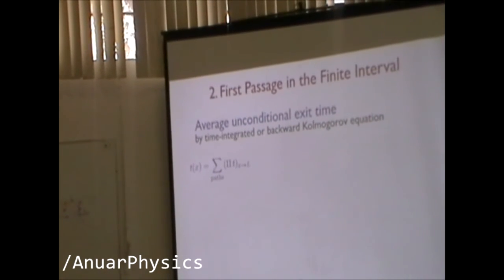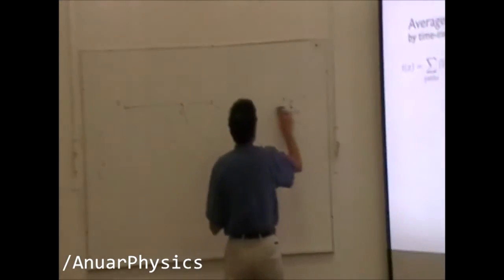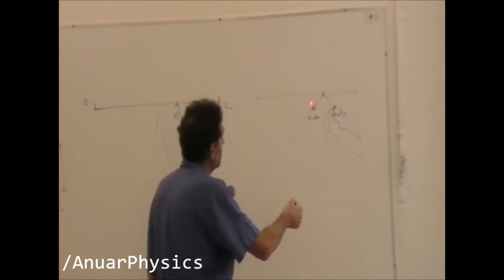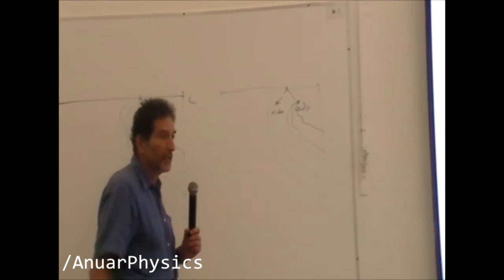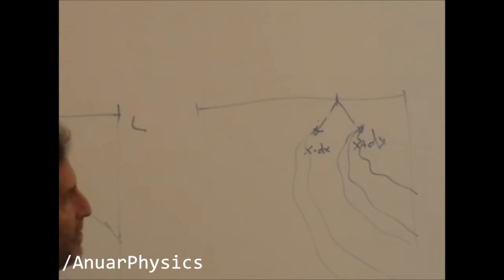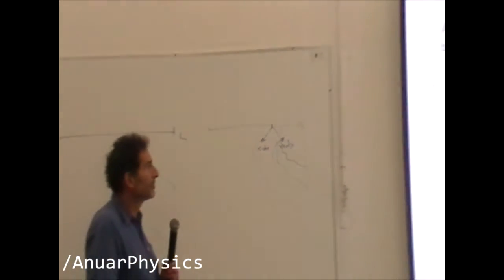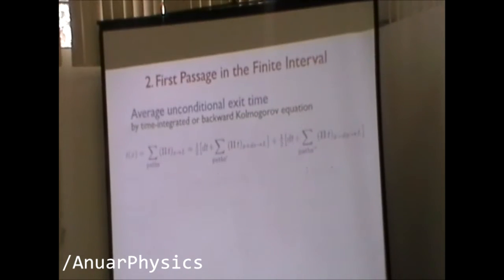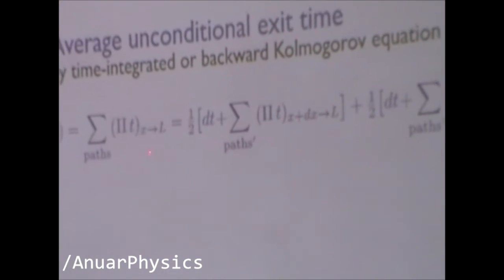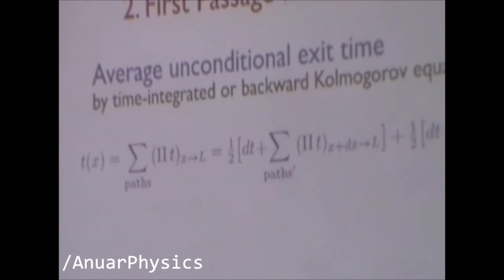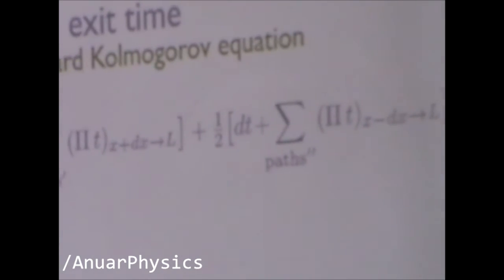So again, if there's no bias, half the time I'll be at x plus dx, half the time I'll be at x minus dx. And let's try and re-express this in one step into the future. So, after one step into the future, first of all, you wasted time dt.